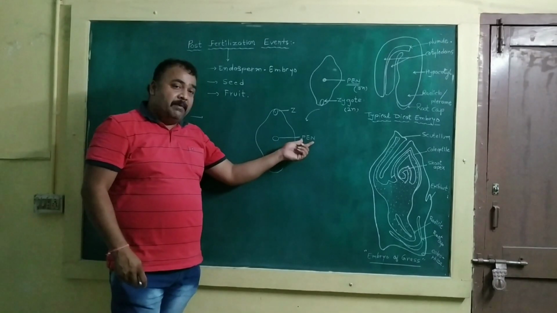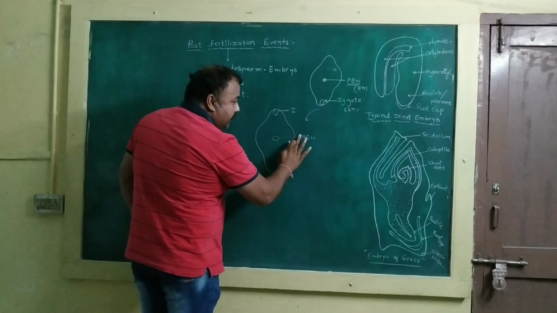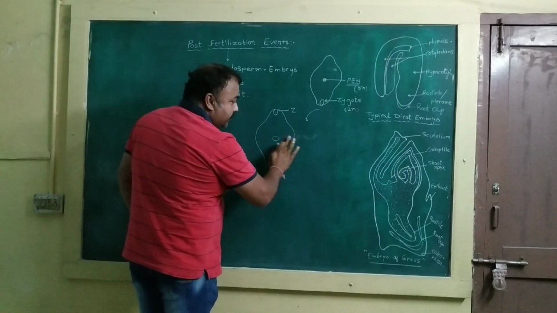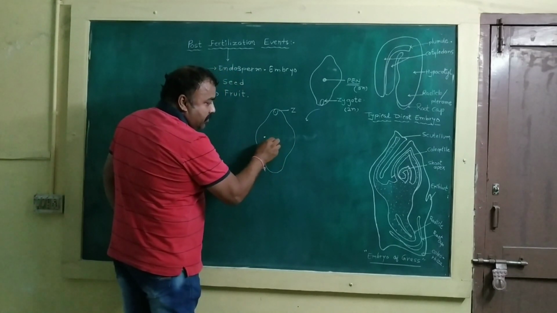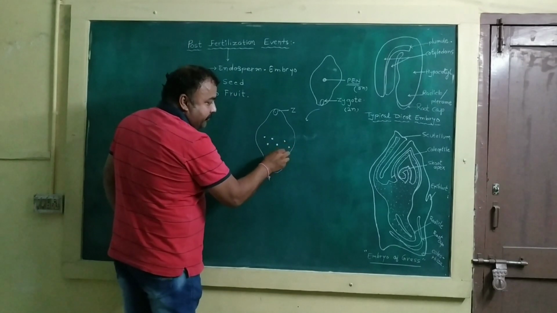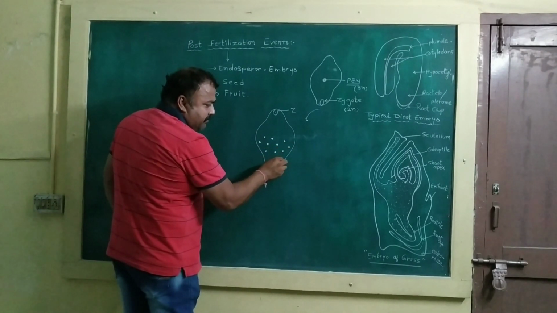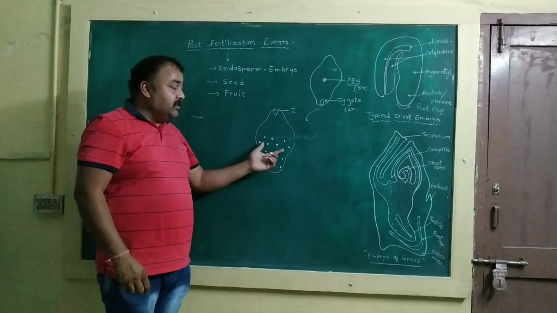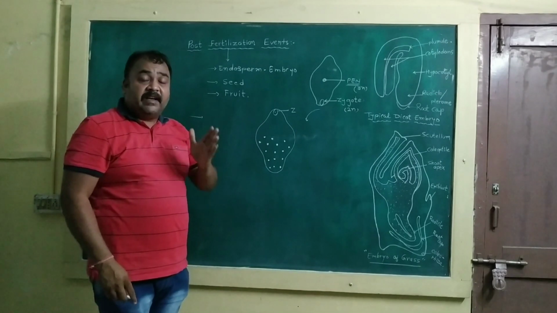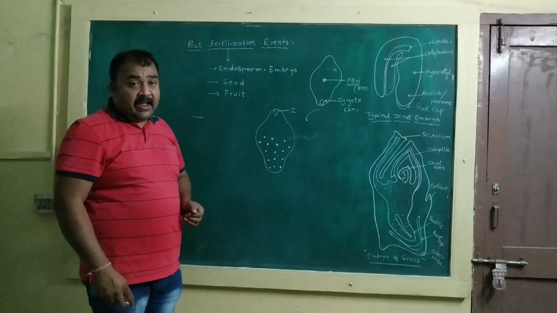So the primary endosperm nucleus, first of all, will divide continuously to give rise to a number of nuclei. It is completely nuclear division, which means there is no possibility of cytoplasmic division. So a number of nuclei are produced.